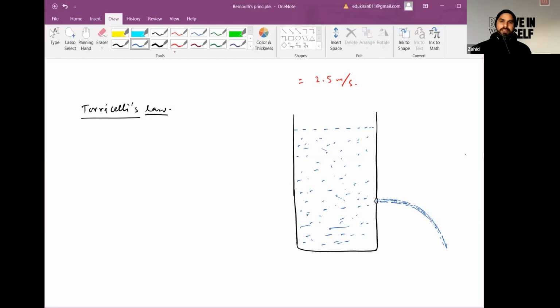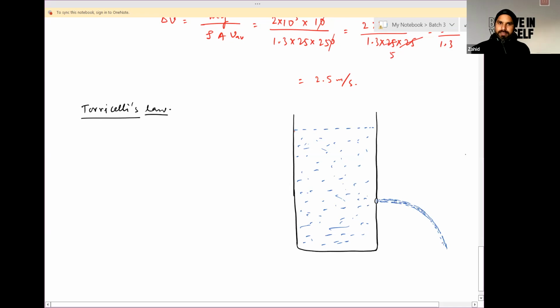So just assume this particular tank as one opening of a tube, and that's this end, and the other end is at this point. Is it clear? Let's say this is first end and this is second end.